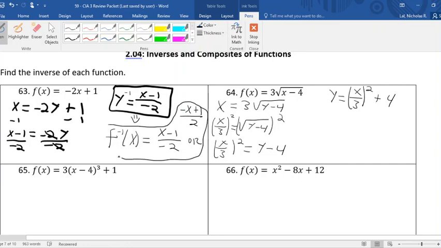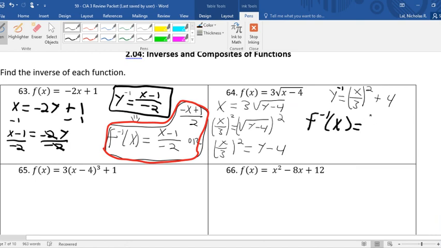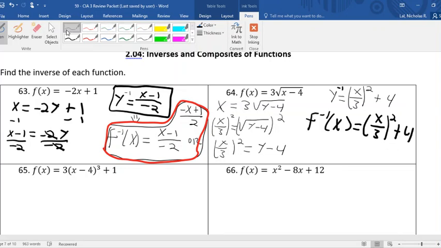This would be the real solution set here. So, and here I'm going to write, if that's the inverse function, then the inverse of f of x is equal to x over 3 squared plus 4. So that's 64.